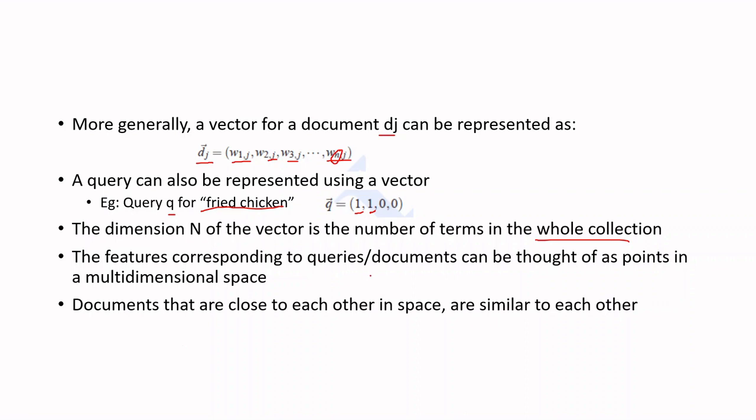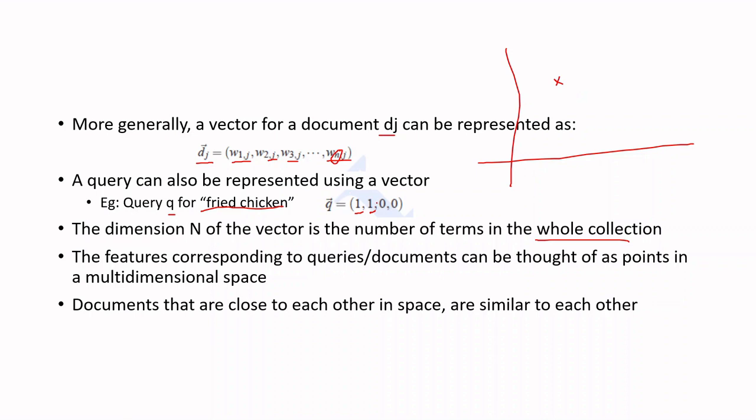The features corresponding to queries or documents can be thought of as points in a multi-dimensional space. So we are talking about vectors. If you draw it on a graph, each of these vectors can be represented as a point in a multi-dimensional space.